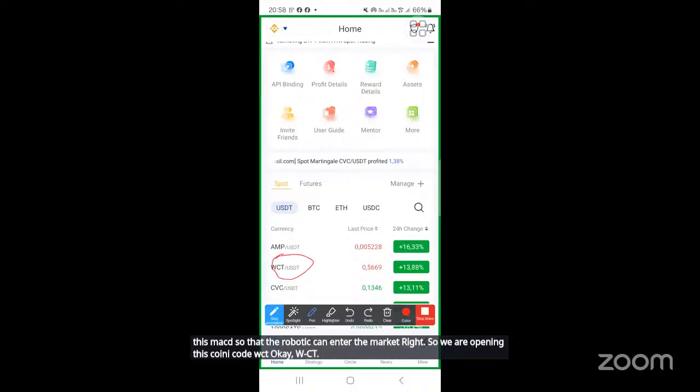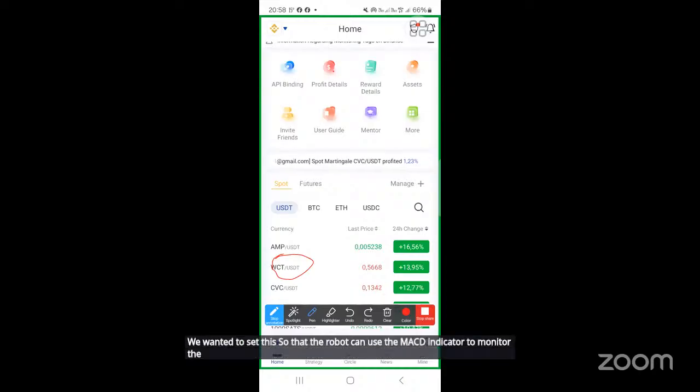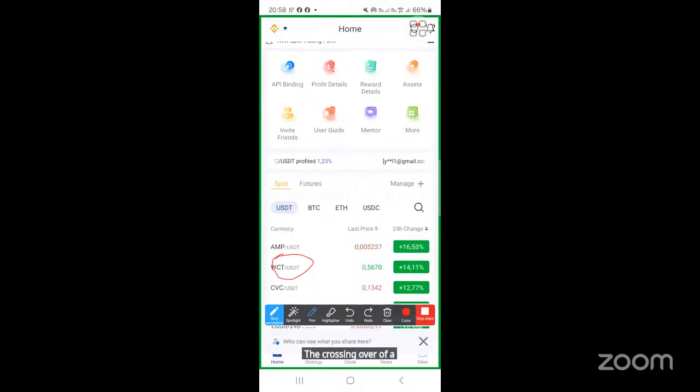We want to set this so that the robot can use the MACD indicator to monitor the crossing over of a golden cross, so that when it happens, let this robot buy for the first time. All right?